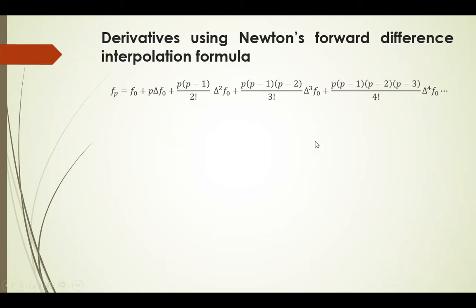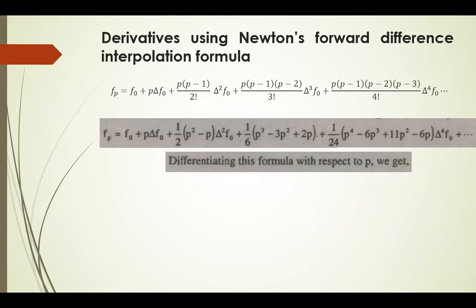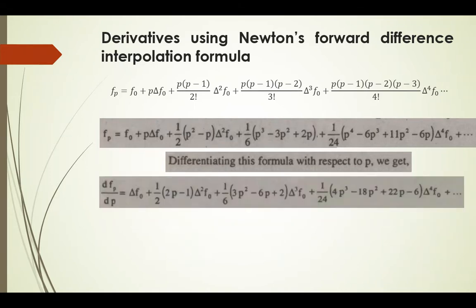We just need to multiply p inside, multiply those factors to get this equation. Now differentiate this formula with respect to p, and we'll get this equation.